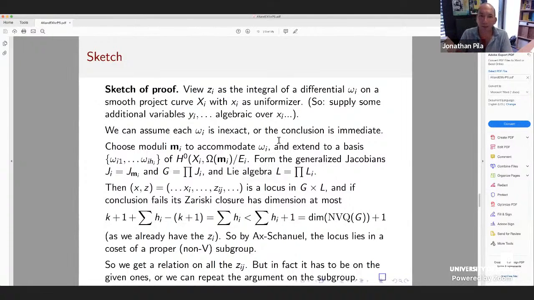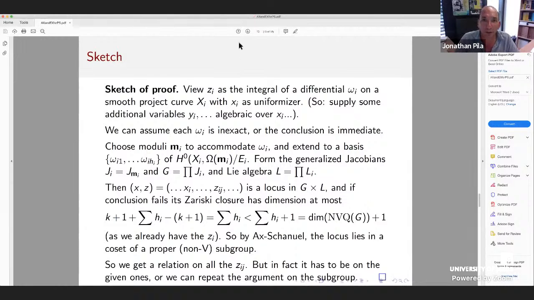And then you can form the generalized Jacobian. That, of course, does involve these exact differentials. So it has, if you like, corresponding vectorial quotients that will eventually quotient out. And you form the product of all those generalized Jacobians and its Lie algebra. And then the X and Z locally give you a complex analytic locus locally in this product of generalized Jacobians and its Lie algebra.